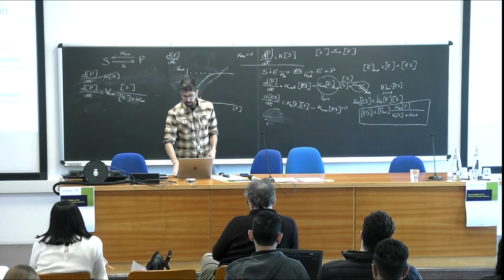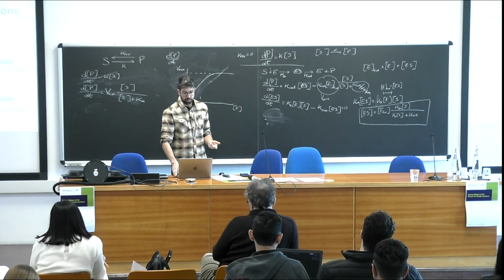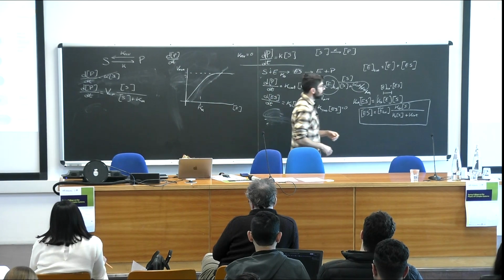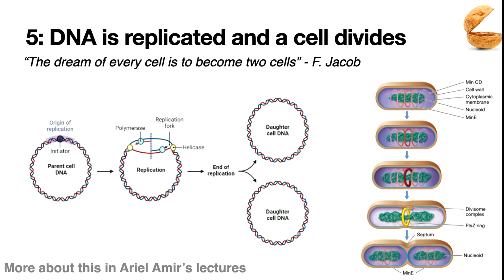Okay, the other thing that a cell has to do, and I will not cover this, is that a cell has to duplicate, right? There is this fantastic quote from François Jacob, the guy who together with Monod discovered the Lac-Operon, which is that the dream of every cell is to become two cells, okay?